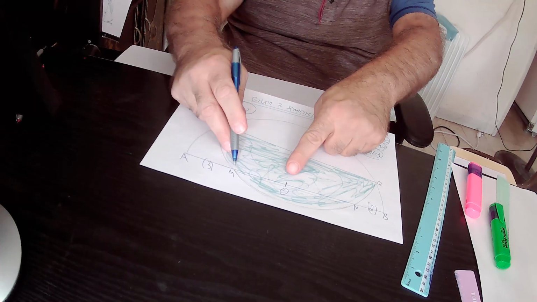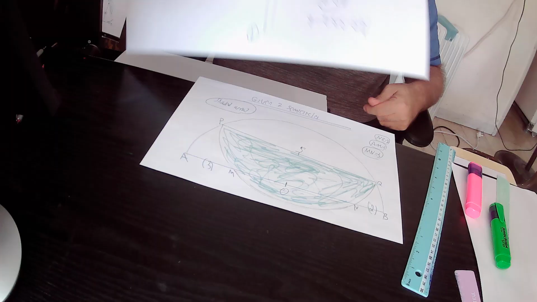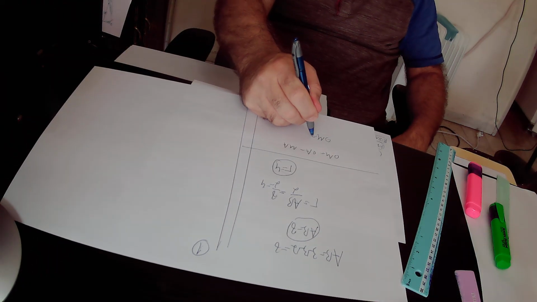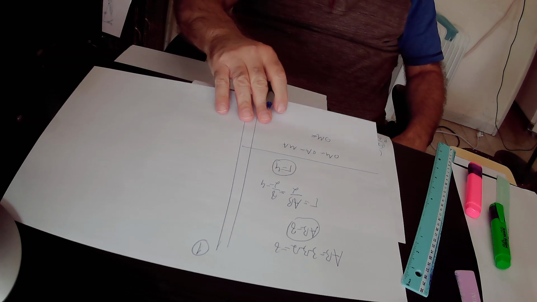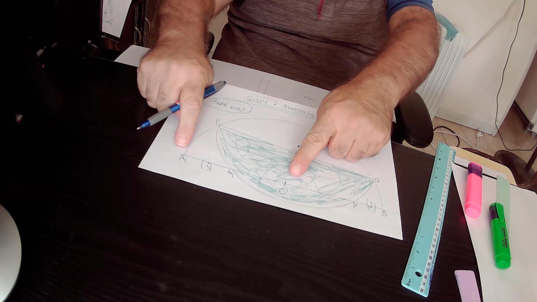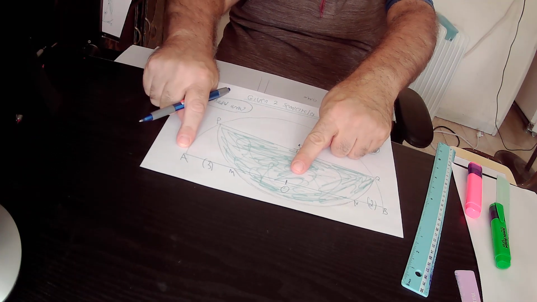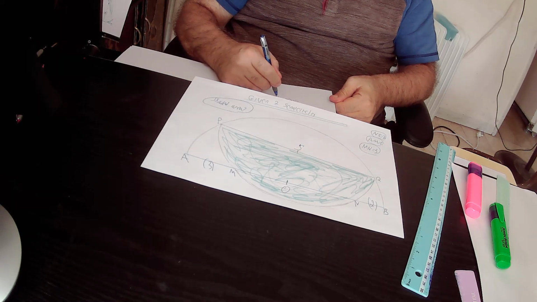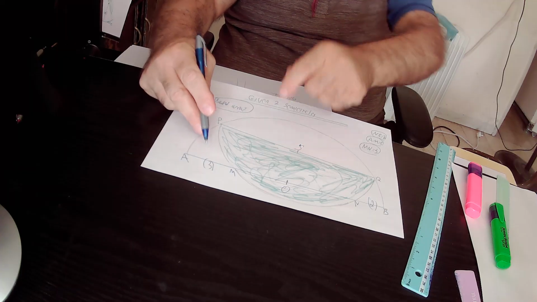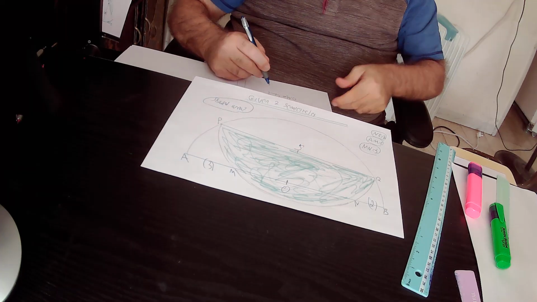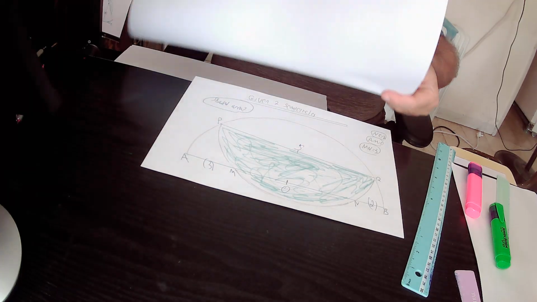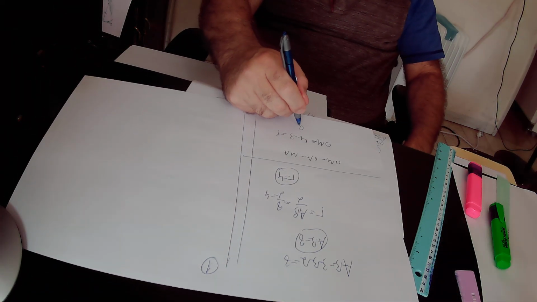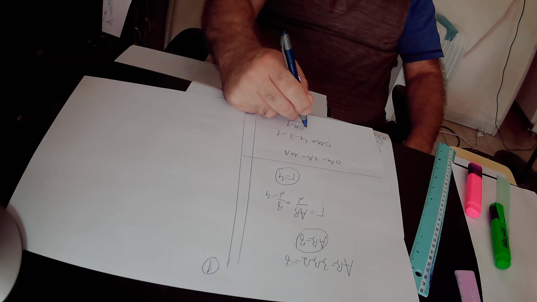OA is the radius of this semicircle, which equals 4, minus AM, which equals 3. So in total, OM equals 4 minus 3, which is 1. So OM equals 1 unit in length.